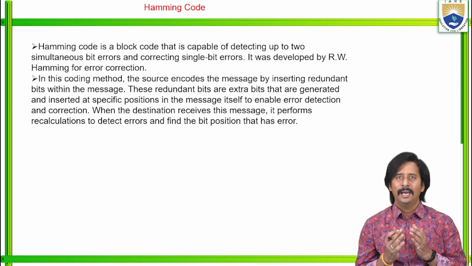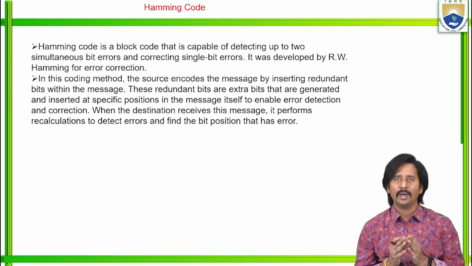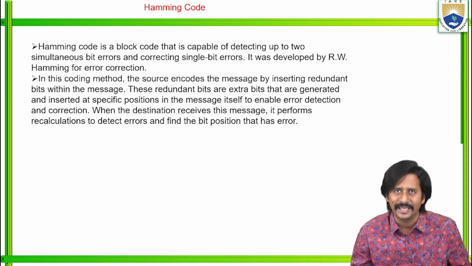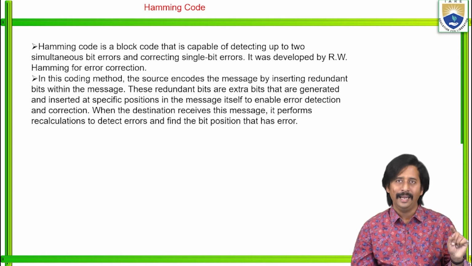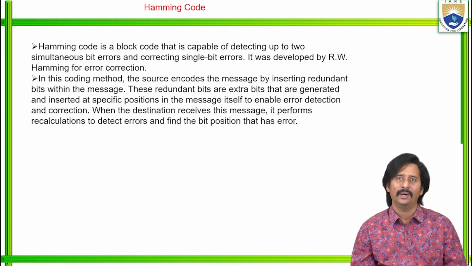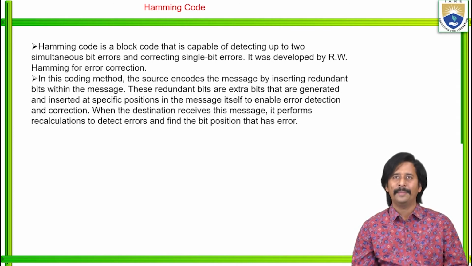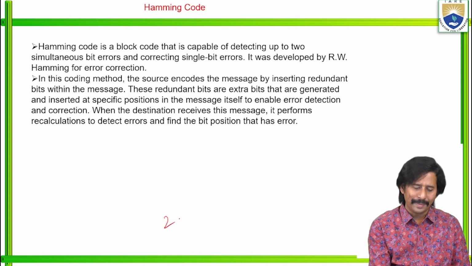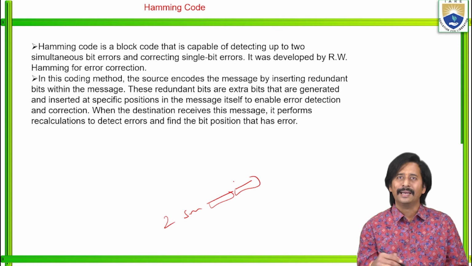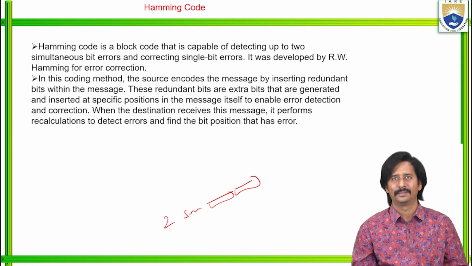We know Hamming code is a block code which is capable of detecting up to 2 simultaneous bit errors and correcting single bit errors. That is very important because it was developed by R.W. Hamming for error correction purposes.